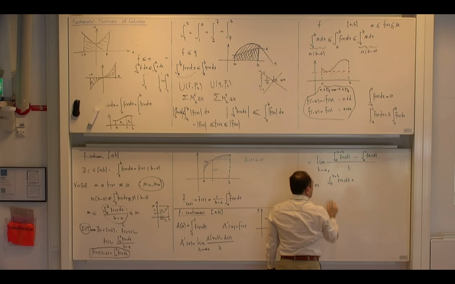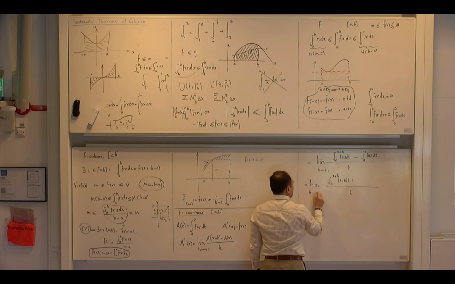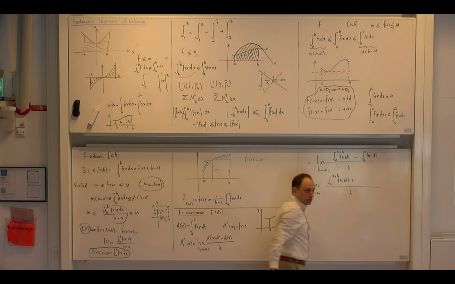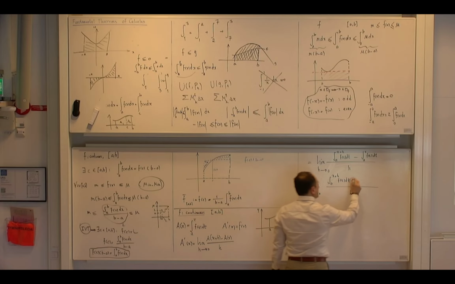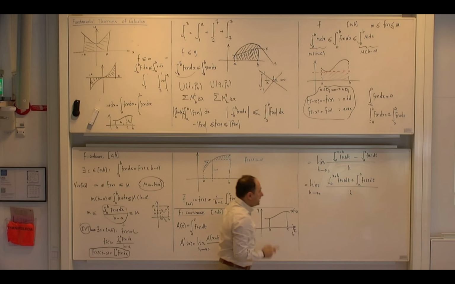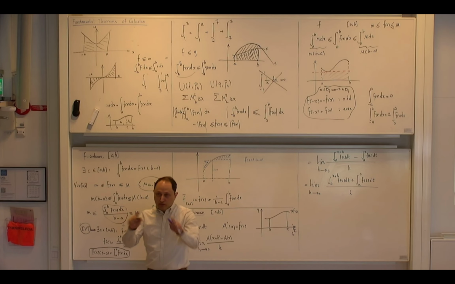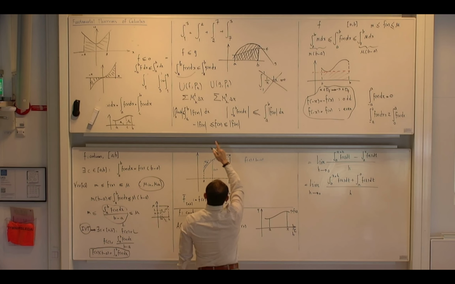But I would write it plus. Can you tell me what I will write in front if I write plus? I have to reverse them. I just learned that if I reverse them, it picks up a minus sign. So it becomes from x to a. Yes? Okay. But can you combine the two integrals in the numerator into one integral now? Yeah, exactly as we had on top of that.